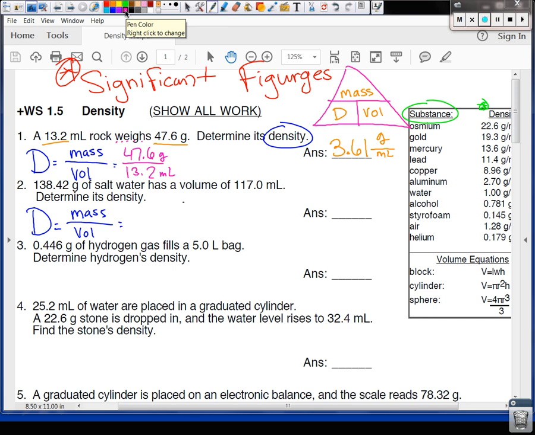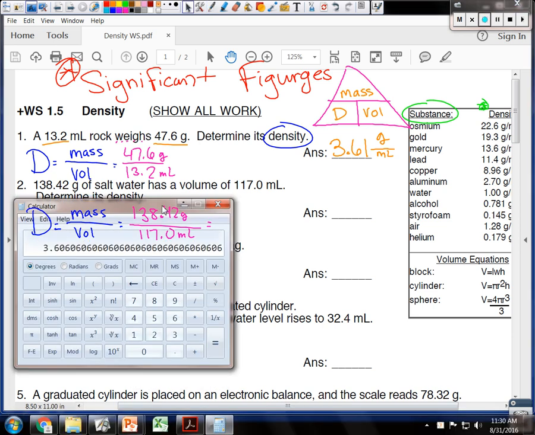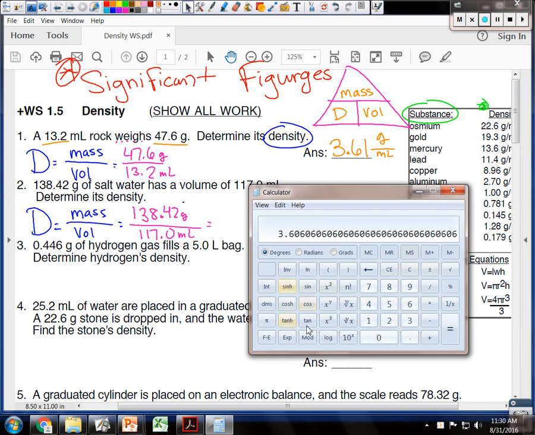Yes, okay, so let's plug them in. So 138.42 grams divided by 117.0 milliliters. Okay, so that is going to be our value. So let's plug it in the calculator and let's see what we get.